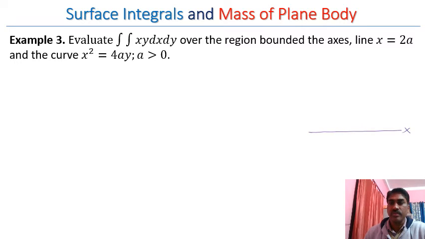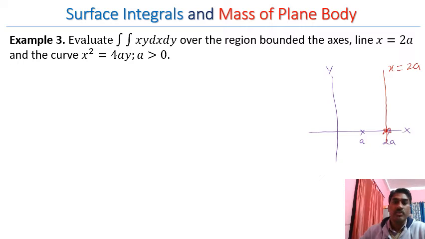So let this be the x-axis and this be our y-axis. So these are axes. Another line is x is equal to 2a. Let this be a point a on the x-axis, and this be a point 2a on the x-axis. So a vertical line is drawn at x is equal to 2a.